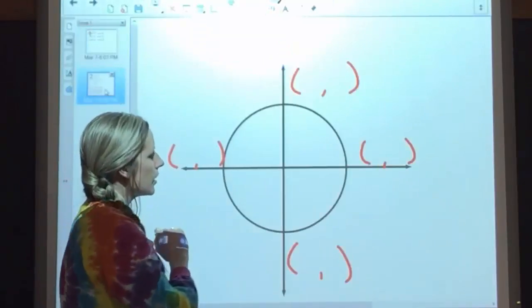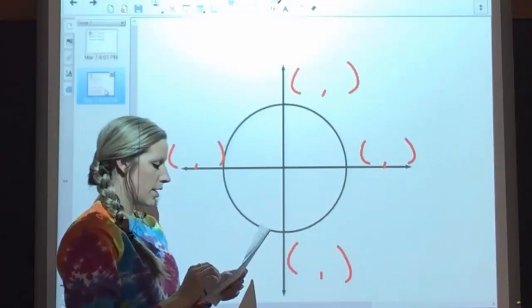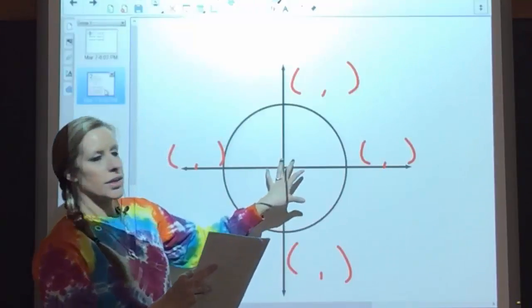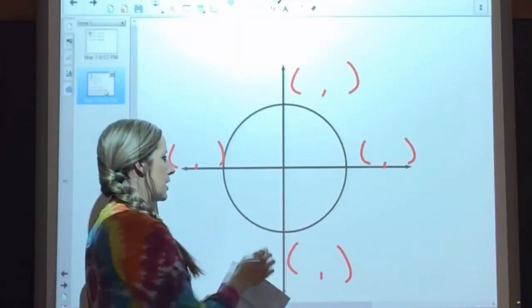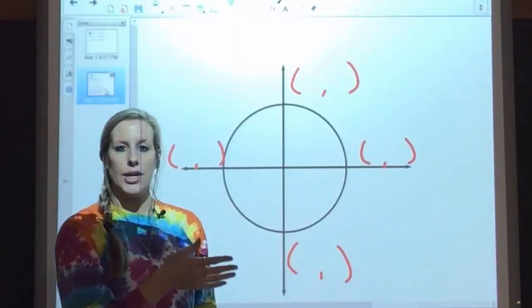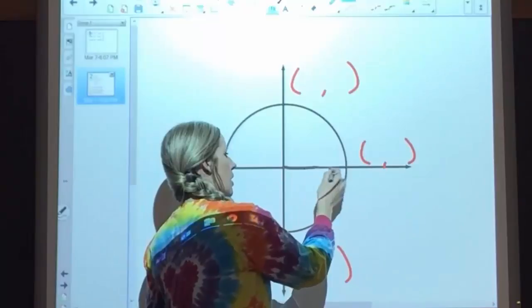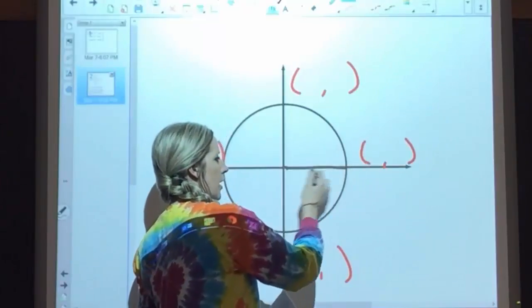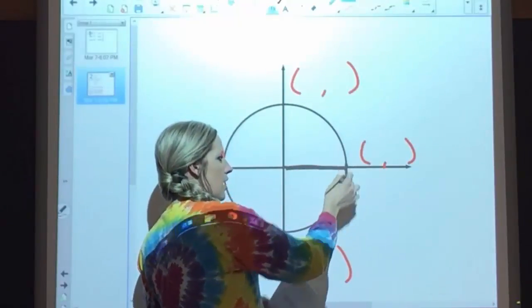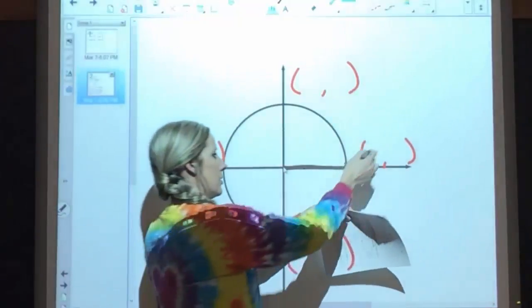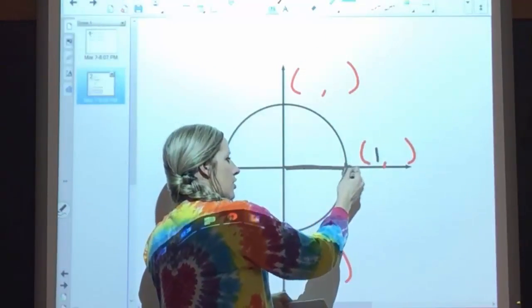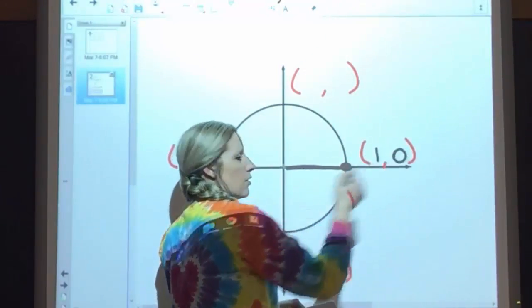The next part, we're calling this a unit circle, which means our radius is 1 unit. So if my radius is 1 unit, then this point would have an x value of +1, and my y value at this point would be 0.